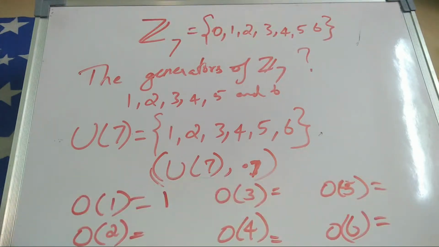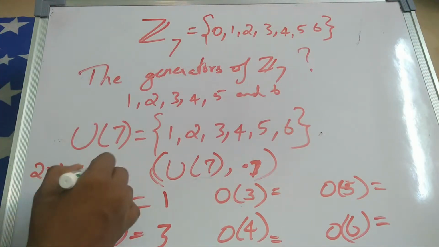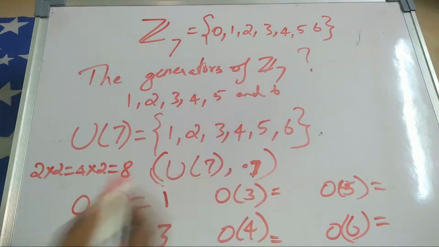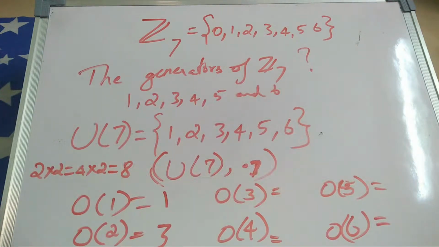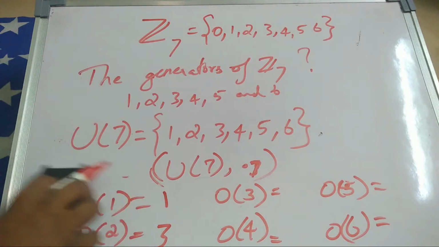Please be careful. Here it is multiplication. So 2 into 2 is 4 and 4 into 2 is 8. So it goes on like that. Here 2 power n is the usual multiplication. So the order of 2 is 3. Yes, Karparam. The order of 2 is 3, because 2 into 2 is 4, 4 into 2 is 8, and modulo 7 it is going to be 1. So the order of 2 is 3. Now the order of 3.